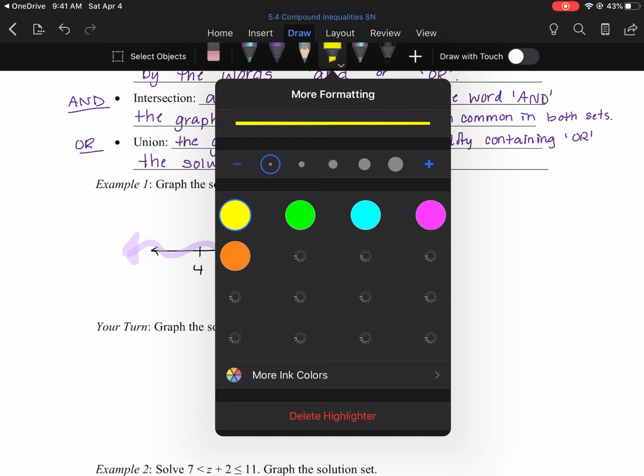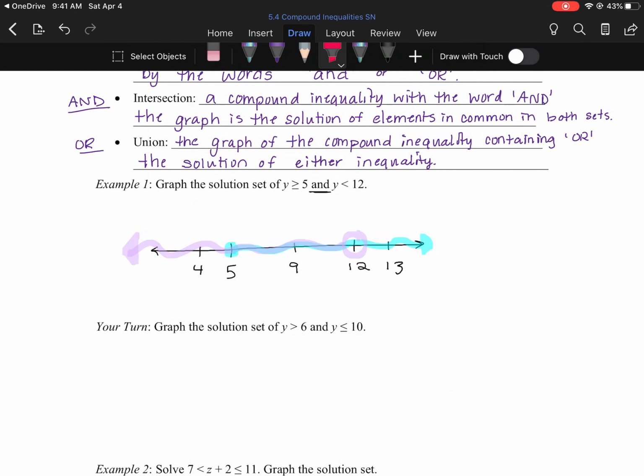All right, so if we just wanted to look at our final answer, actually let me get a brighter color. Our final answer would be a closed circle at 5, an open circle at 12, and everything shaded in the middle, because that was the only place my two highlighted answers overlapped. And remember we said that "and" is what they have in common, and they shared all those numbers in common between 5 and 12, including 5, but not including 12. All right, take a moment, try the your turn, and graph that solution.